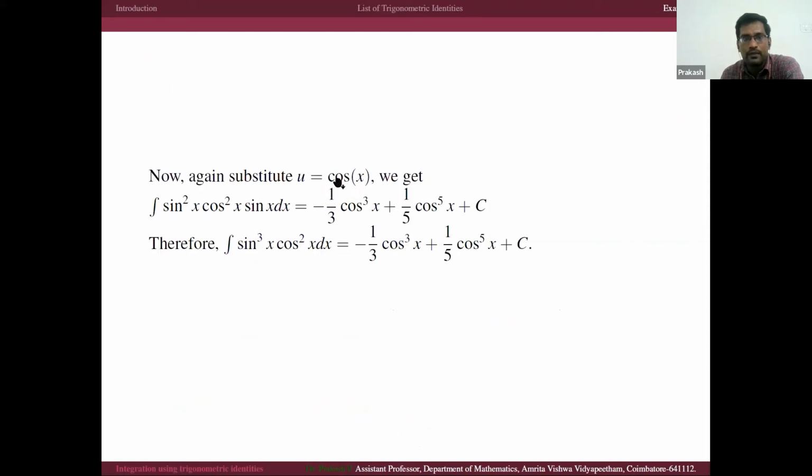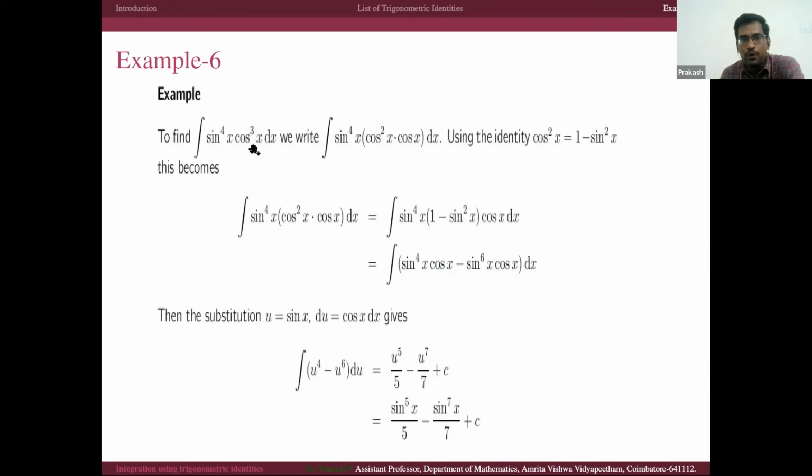But here in this problem, cos cube x, so we don't want to change anything in the even power term. Only the odd power term we rewrite, that is cos square x into cos x. For cos square x we know one simple identity, 1 minus sine square x. Then easily we can evaluate.